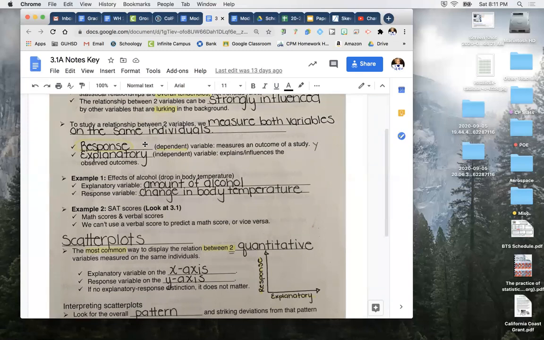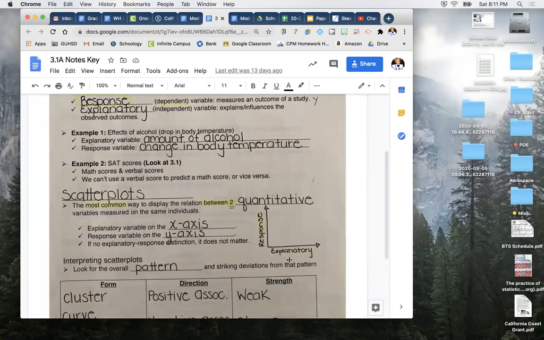Okay, your explanatory always goes on your x-axis, and whatever is responding is your response variable that will always go on your y-axis. That will make a huge difference moving forward. So make sure that you understand that we have to first identify explanatory, then a response variable before we graph. You can see down here, I'm kind of jumping down to this visual. I have explanatory always goes on the x, and then our response will always go on the y.